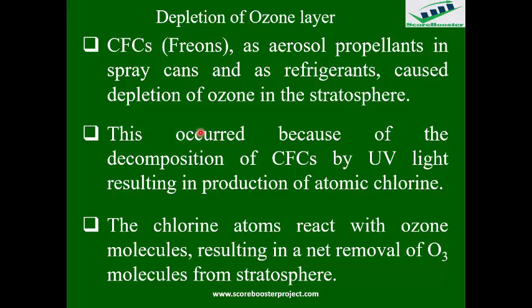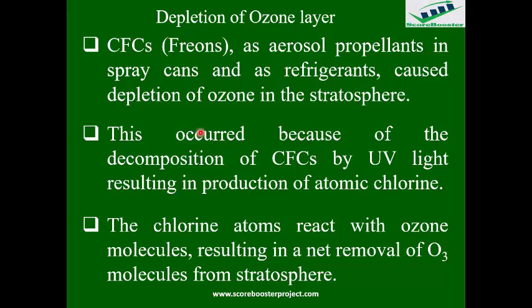Another one is chemicals that we use as sprayers, like for killing mosquitoes or in agriculture. All these substances contain what are called chlorofluorocarbons, that is freon. That is the trade chemical name. The trade name is freons. So these chlorofluorocarbons, as the name implies, contain chlorine.